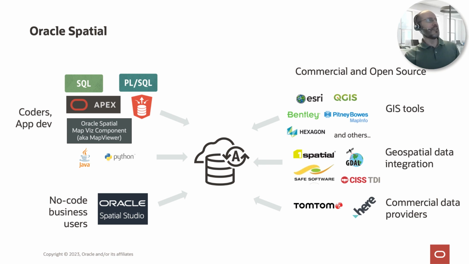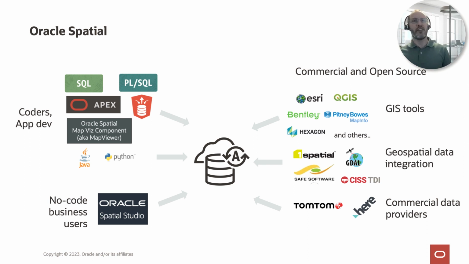I want to mention that you see on the upper left, there's something called Oracle Spatial Map Viz component, map visualization component. Folks may be familiar with its historical name, which was Oracle Map Viewer, and it's now called Oracle Spatial Map Visualization Component. That's actually a mid-tier server component.